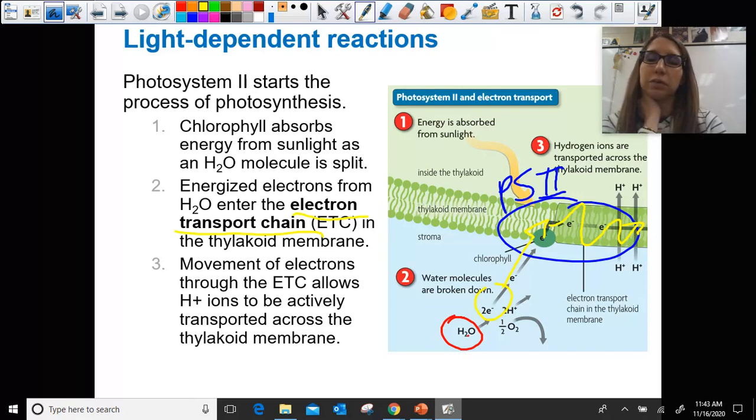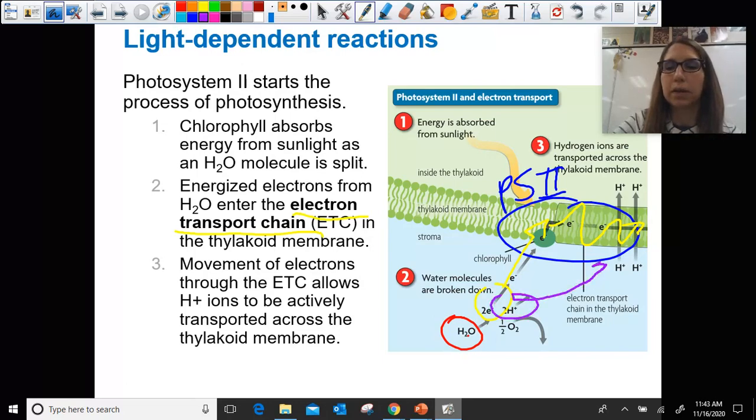But these electrons will start bouncing through these proteins, and as they bounce through, the hydrogen ions that we also released through the splitting of water right here are going to come up here, and they get pumped across the membrane. These are ions, so keep in mind those are things that can't normally cross these phospholipid membranes on their own, so they're going to need help from transport proteins.